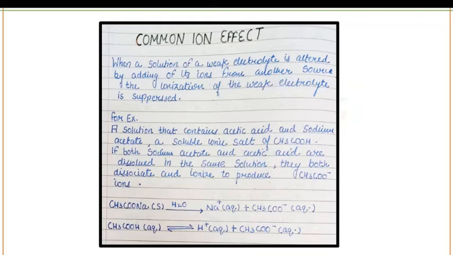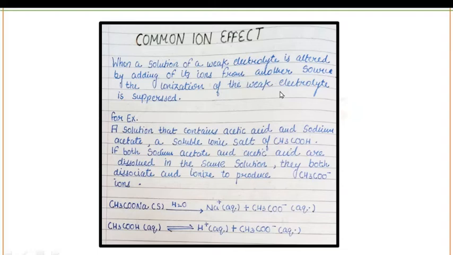This behavior is the consequence of Le Chatelier's principle for the equilibrium reaction of ionic association and dissociation. Or you can say, when a solution of a weak electrolyte is altered by adding one of its ions from another source, the ionization of the weak electrolyte is suppressed or decreased.